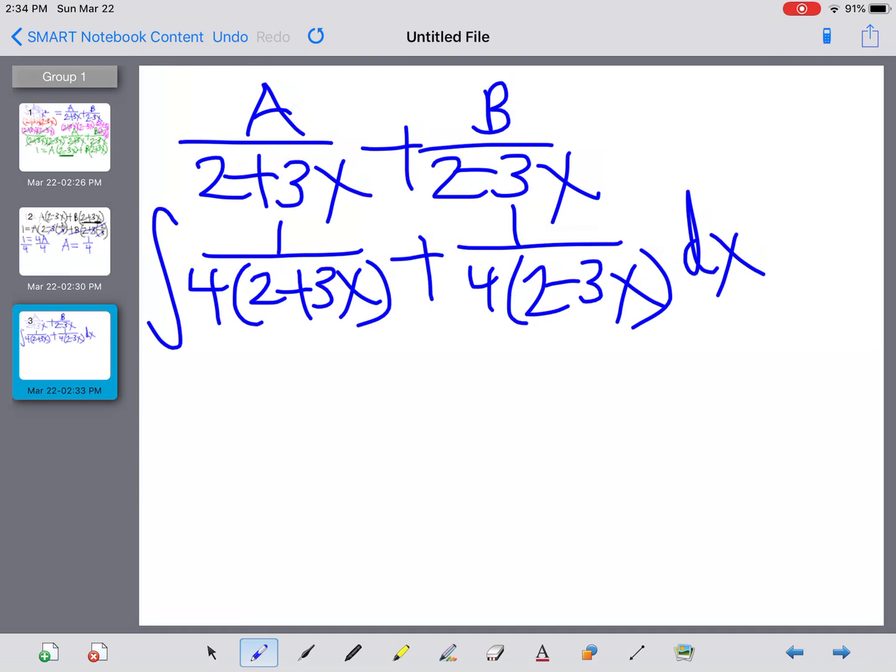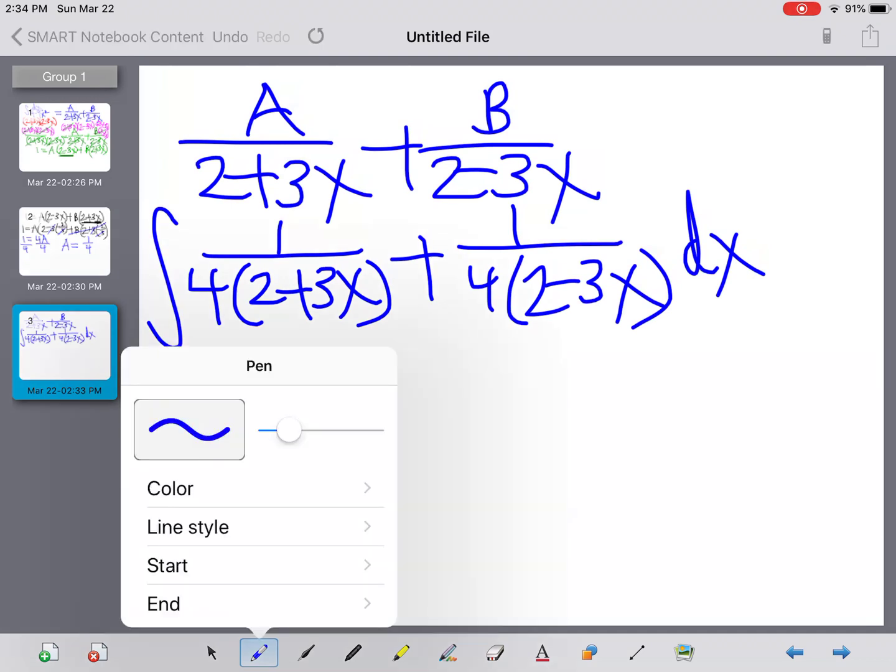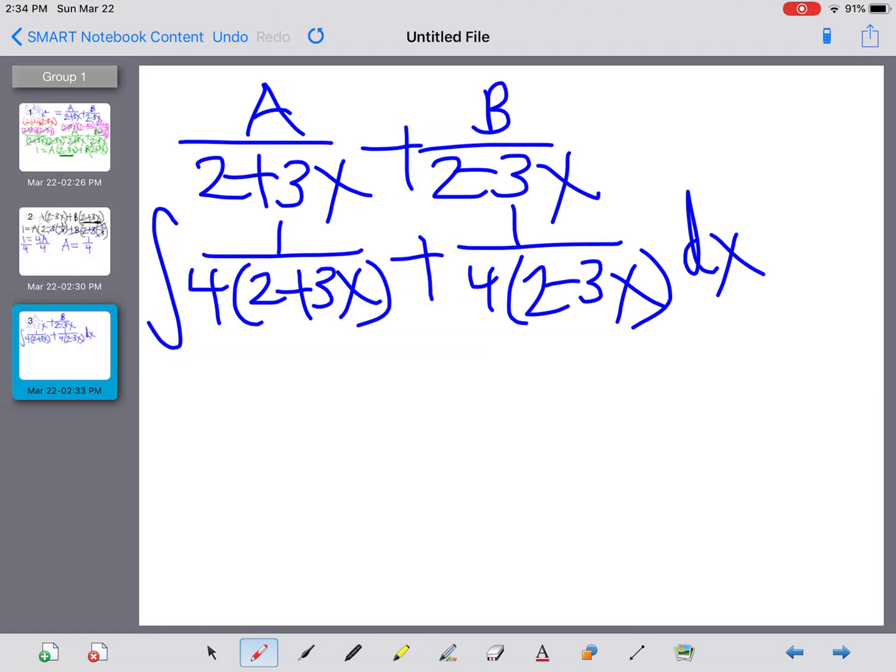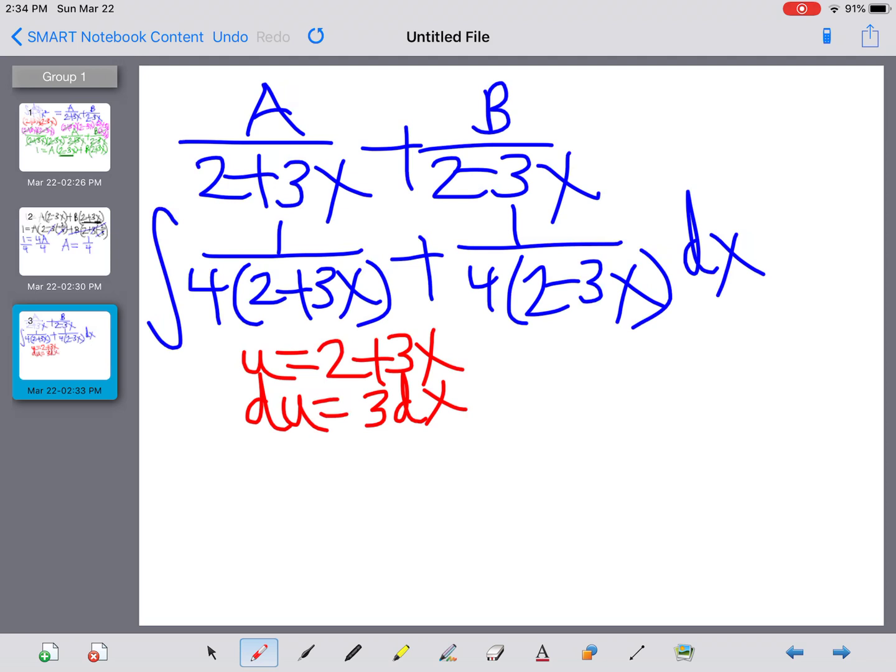For the first fraction, let u equal 2 plus 3x. So du is equal to just 3 dx, or that's the same thing as 1/3 du equal to dx.